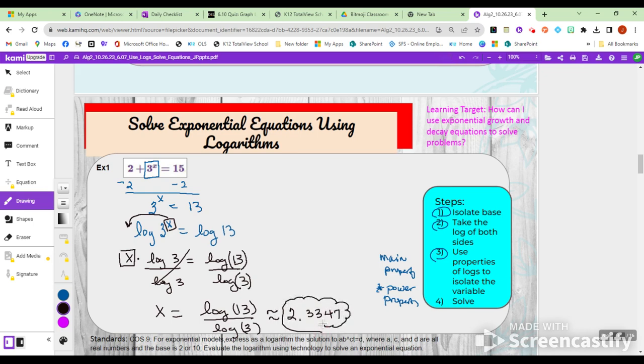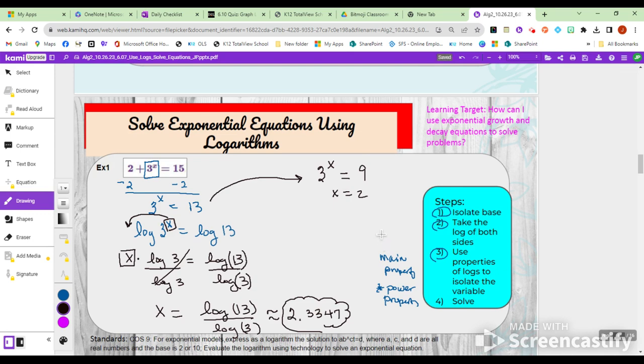Now I want to go back to this step, and I want to talk to you a little bit about why we had to use logs. So if I had 3 to the x is equal to, instead of 13, let's say it was 3 to the x is equal to 9. Then would you not agree that x would be equal to 2?